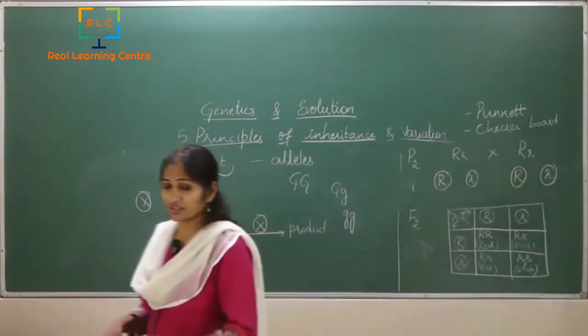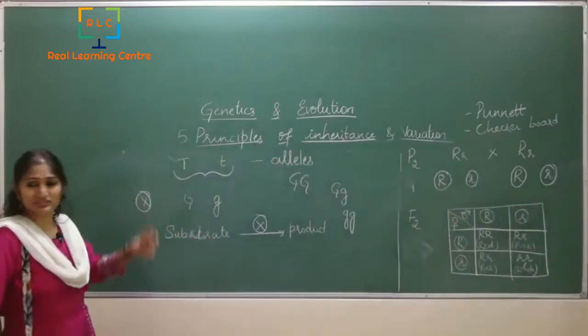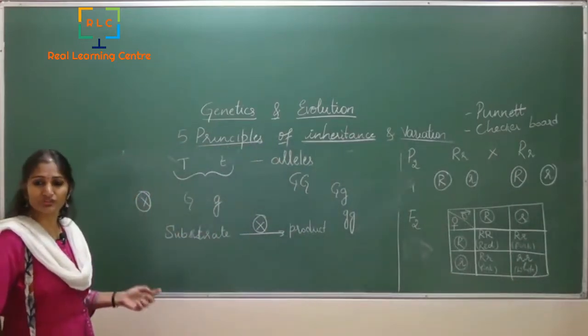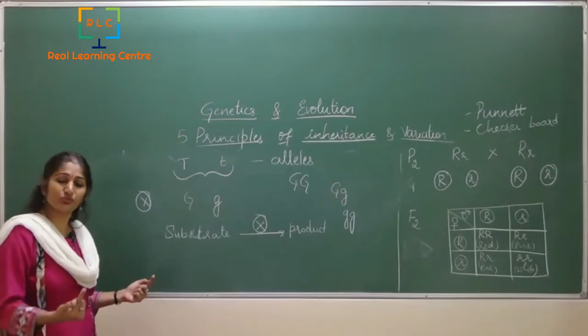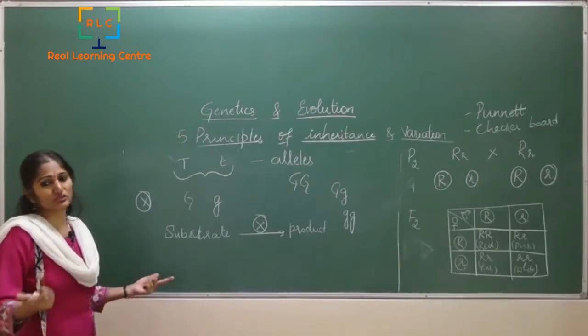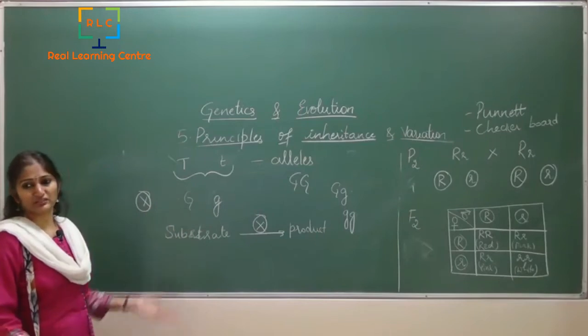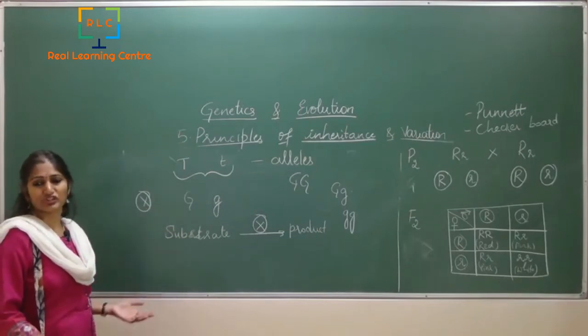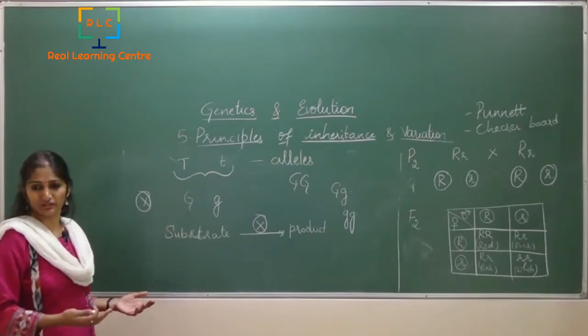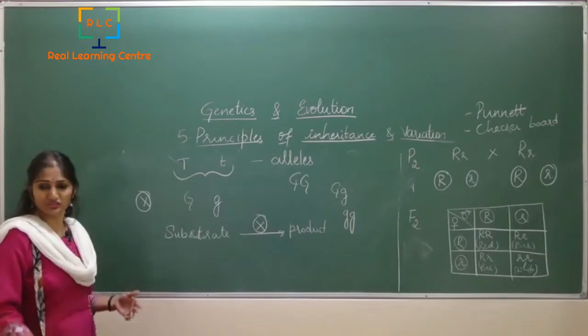In the case of the gene for tallness, there is one gene for tallness. Can there be a gene for dwarfness also? It is not there. Therefore you see the plant either grows very well, or it is dwarf.